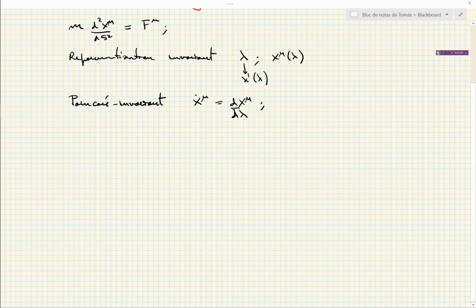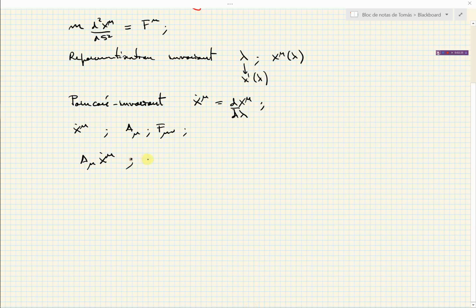We know how to construct Poincaré invariant objects by contracting indices. So if we use x dot mu, and the electromagnetic field is described either by A mu or F mu nu, then the possibilities are a term like A mu x dot mu added to the action, or a term like F mu nu x dot mu x dot nu.